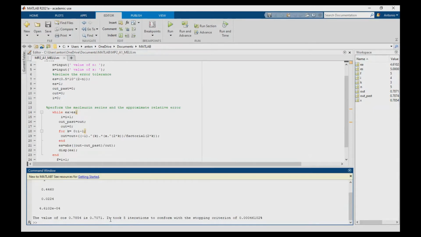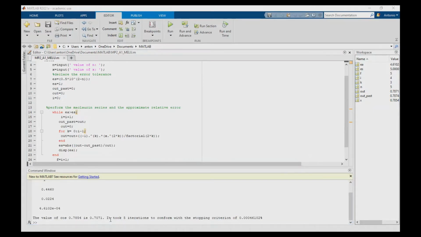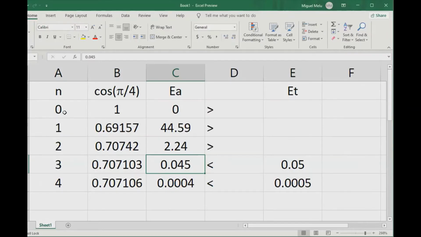Here in the chart, you can also see it. So n is equal to 5 since 0 is counted, and 0.004 is less than 0.005.